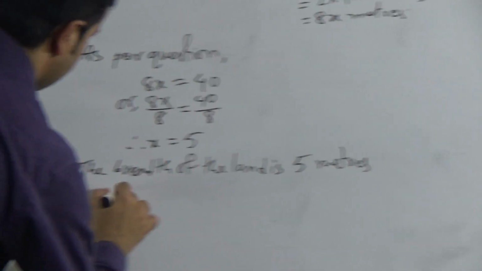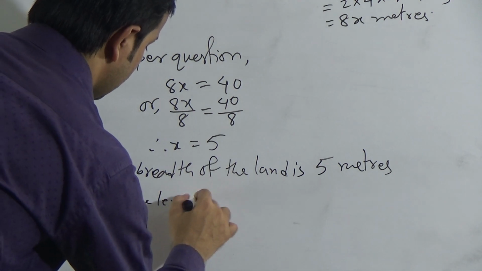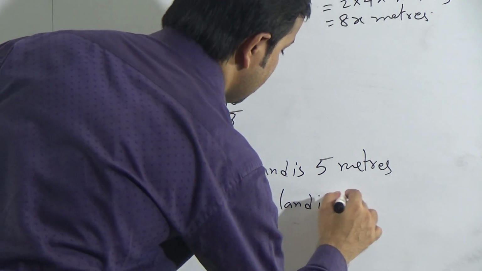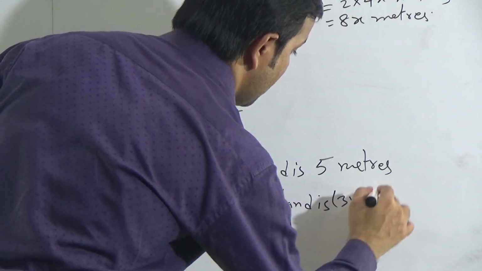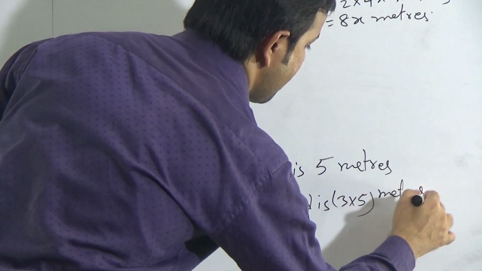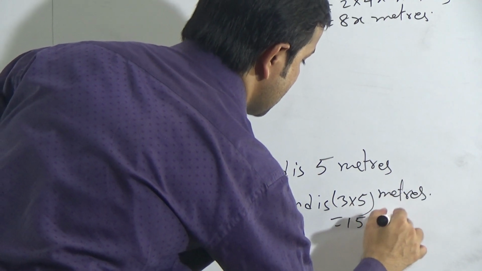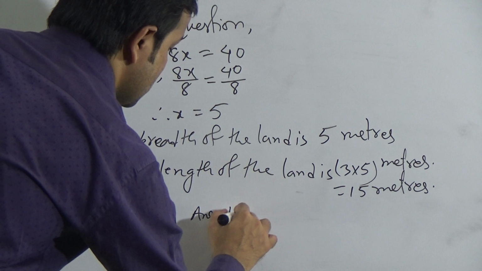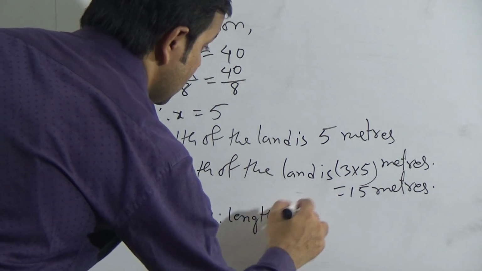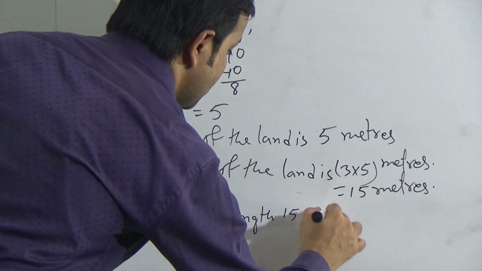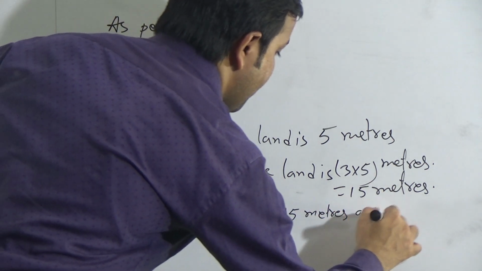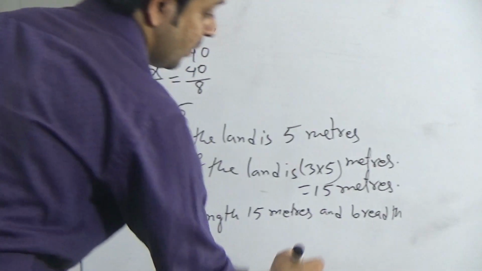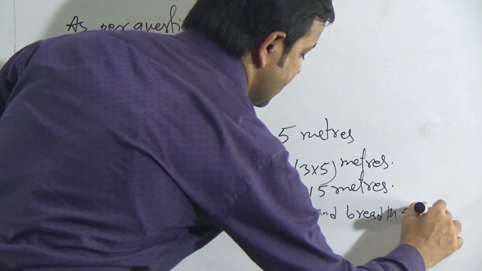So, the length of the land is thrice means 3 times of 5 meters, that is 15 meter. So we can say our required answer for this question, length 15 meter and breadth 5 meters.